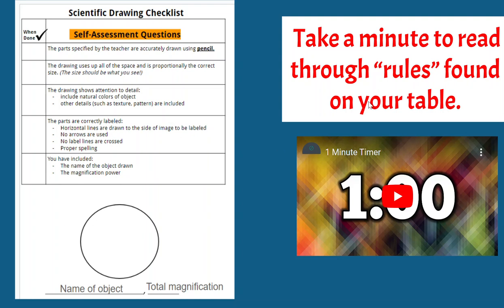The parts are going to be correctly labeled, and I expect horizontal lines to show those labels. Don't use arrows, and don't crisscross your label lines. Do your best with spelling, and then make sure that you've included the name of whatever you drew and the total magnification.